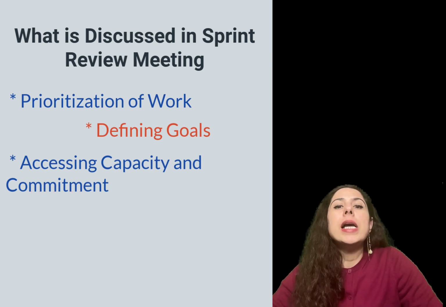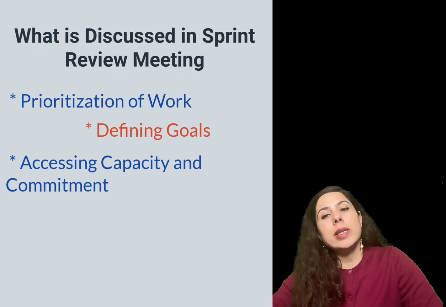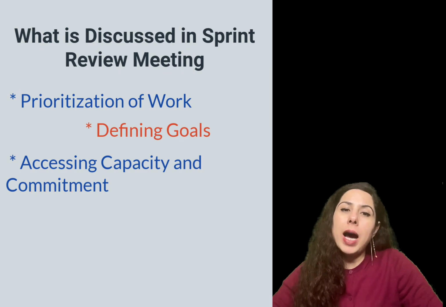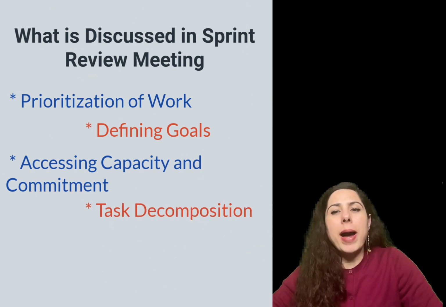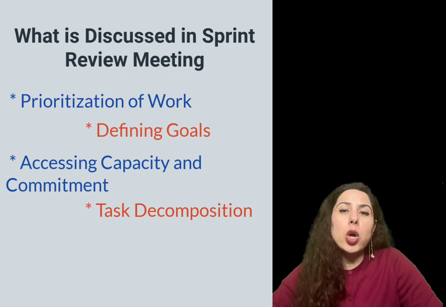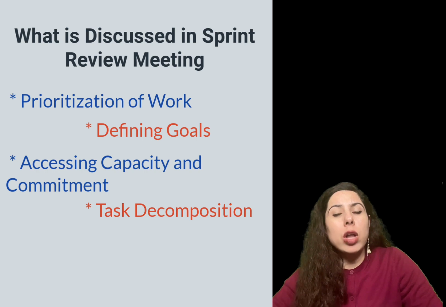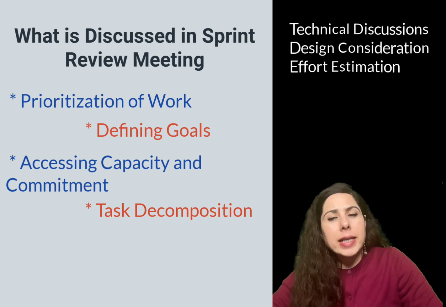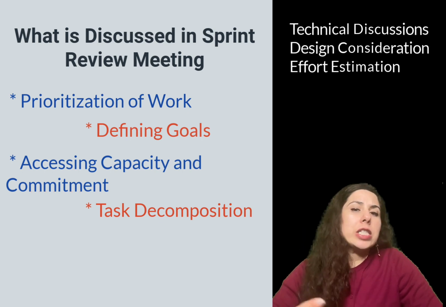For example, if a few people are on leave in the sprint, then the capacity is calculated accordingly by reducing their availability or available hours. Fourth, task decomposition. The chosen backlog items are divided into smaller, more manageable tasks. This process involves technical discussions related to implementation, design considerations, and estimation of effort for each task.